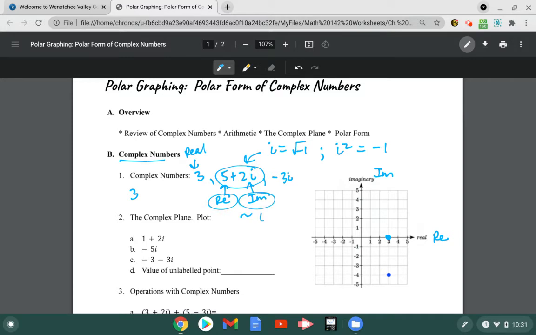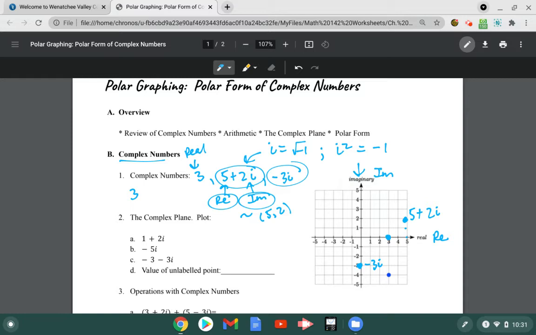So it's similar to the point (5, 2). This plots 5 plus 2i. And then finally, we had the example -3i. So that would be -3 on the imaginary y-axis only. So this point right here is -3i.